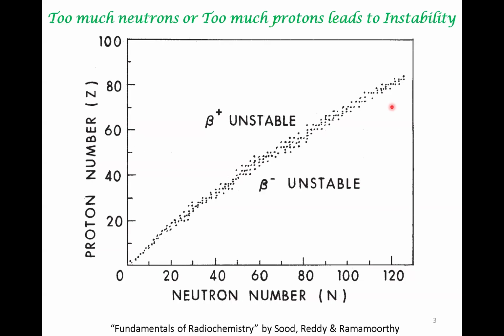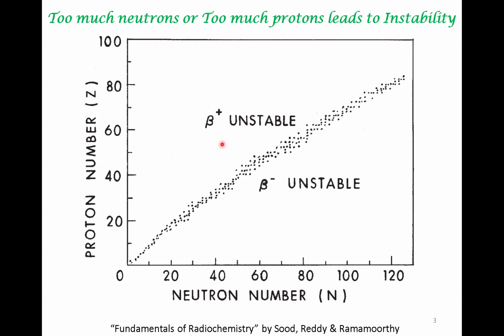But in this particular plot, what we want to understand is, if the protons in a particular nucleus increase, that means the Coulombic repulsion in the nucleus increases. So you are in this region.